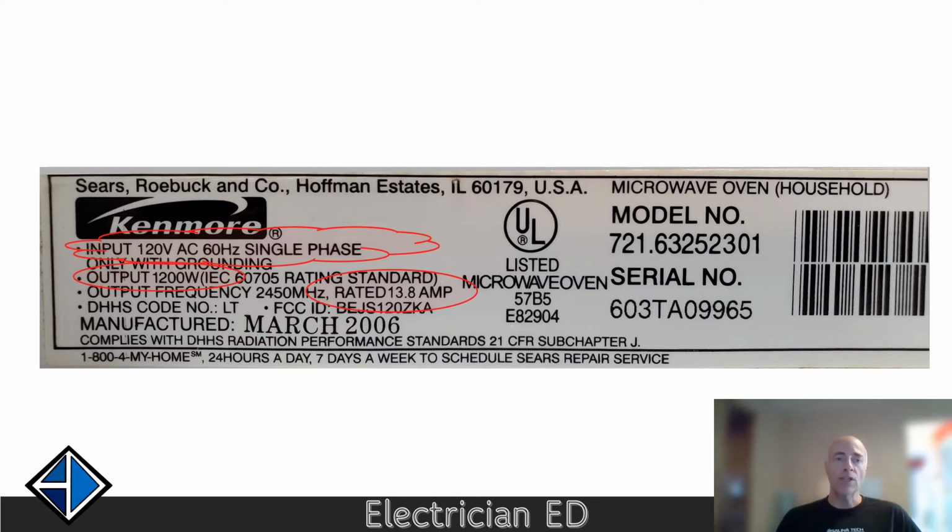However, if it's on a small appliance branch circuit with all the other things that could possibly be plugged into that branch circuit, this unit does not exceed the cord connected, not fastened in place equipment 80% of the circuit rule. So that would be 16 amps, and this is only 13.8, so it wouldn't be required to have a dedicated circuit. However, if you did have it on a dedicated circuit, it would be permissible to use this one for the 15 amp individual branch circuit exception.